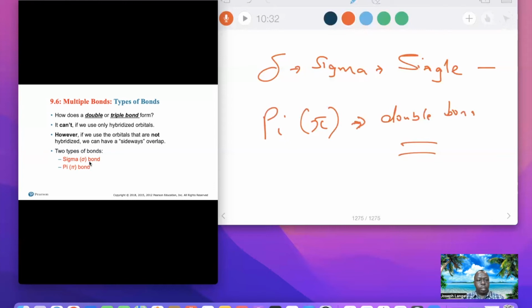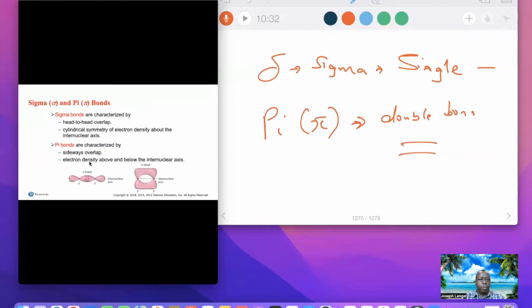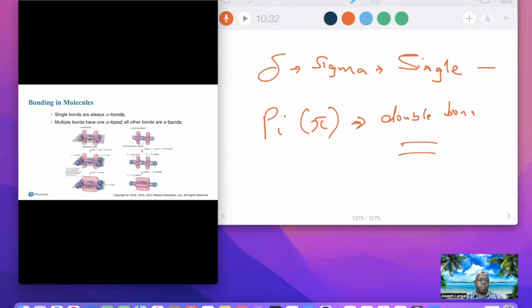These are the types of bonds, in which a sigma bond is characterized by head-to-head overlap, but a pi bond leads to sideways, side-to-side overlap. Sigma bond and pi bond: side-to-side overlap for pi, or head-to-head for sigma bonds.